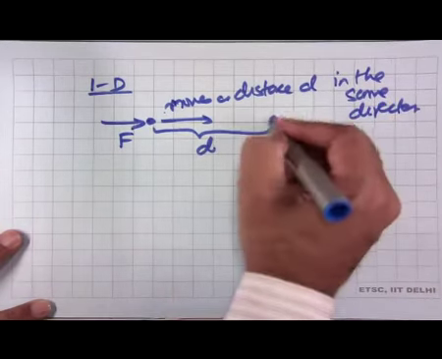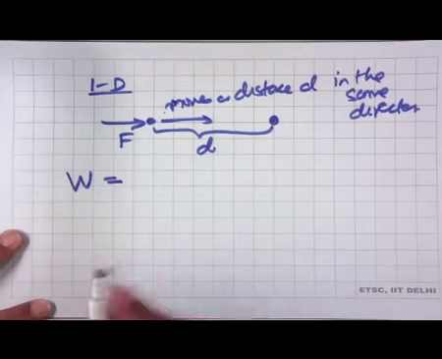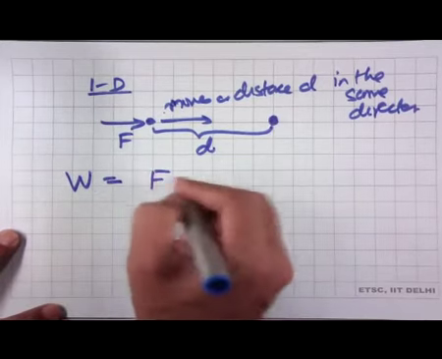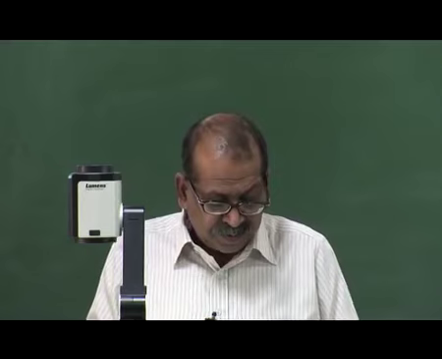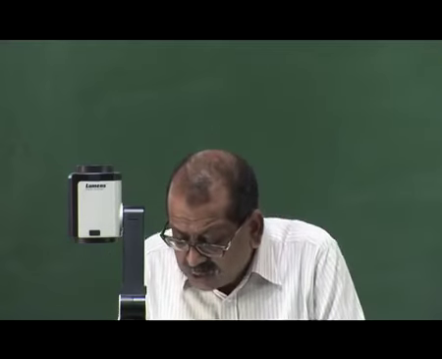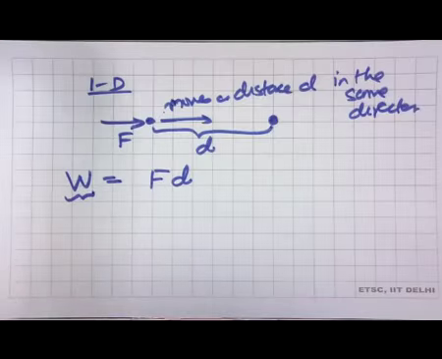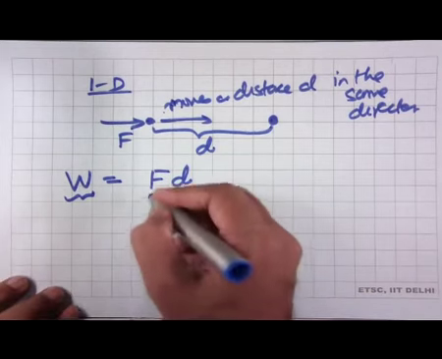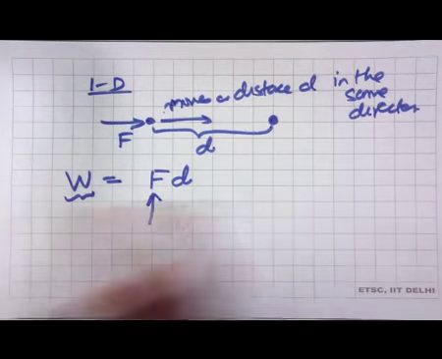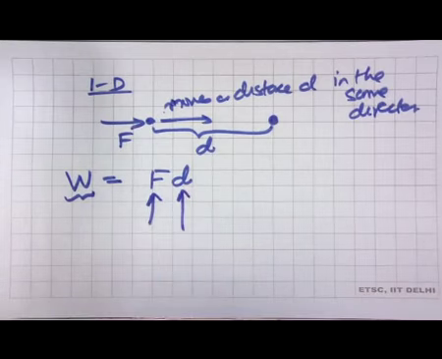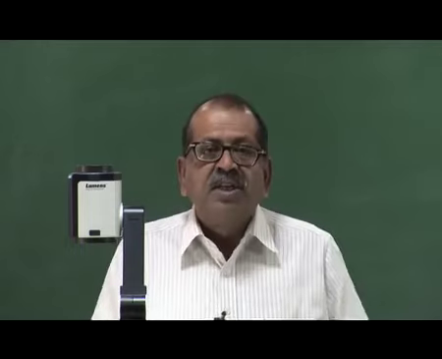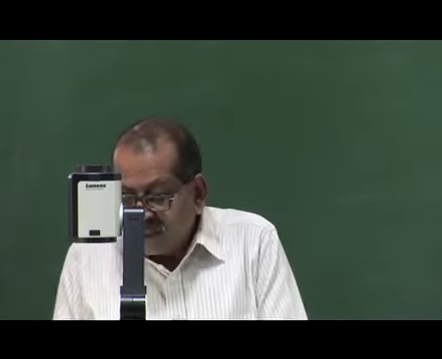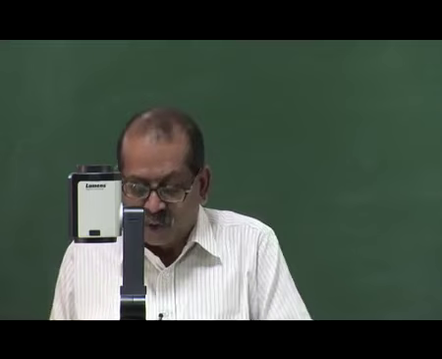The work done by this force is defined as F times d. This is the definition of work done by a force. To be able to define work done, we need two quantities: the force which is acting, and the effective displacement of the body which it undergoes while this force is acting on it. That is called the work done by force F.